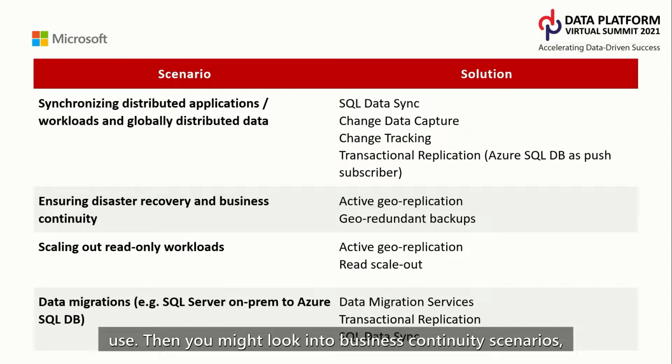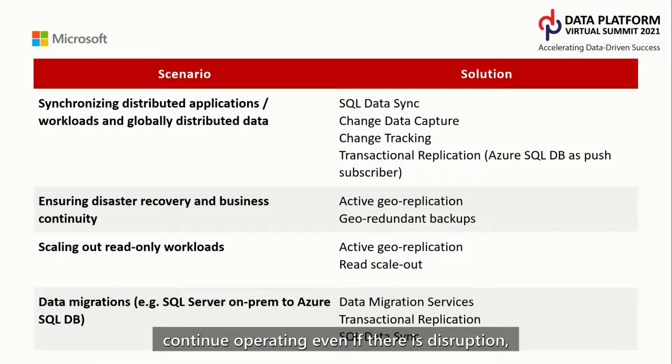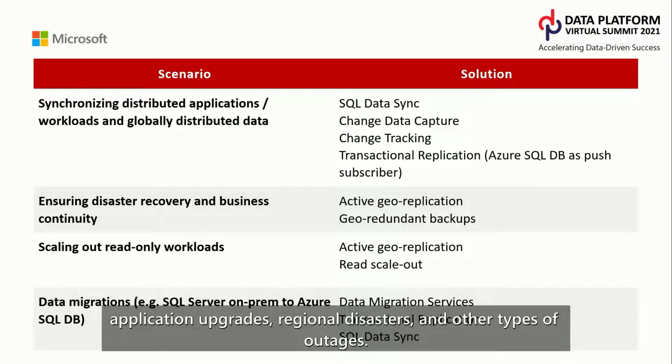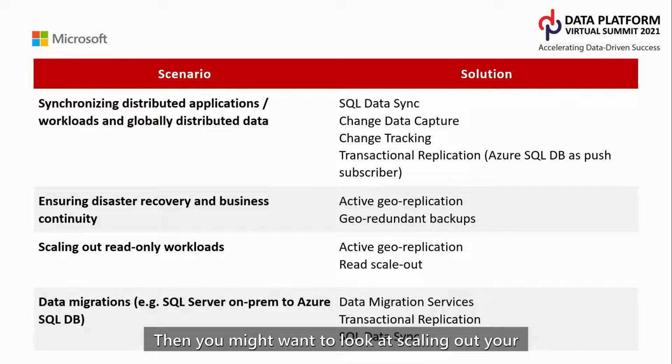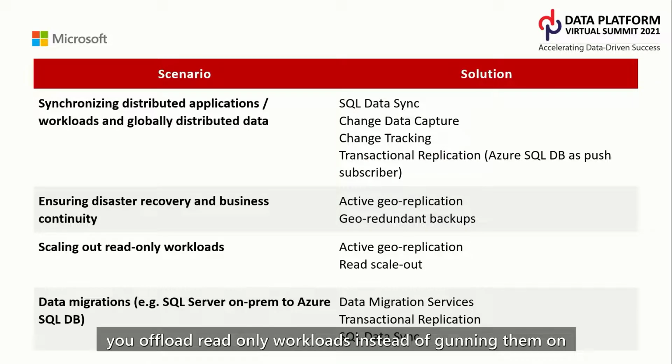Then you might look into business continuity scenarios, which refers to the procedures that enable your business to continue operating even if there is disruption, such as data center outages, application upgrades, regional disasters, and other types of outages. Then you might want to look at scaling out your read-only workloads, which helps you offload read-only workloads instead of running them on the read-write replica.